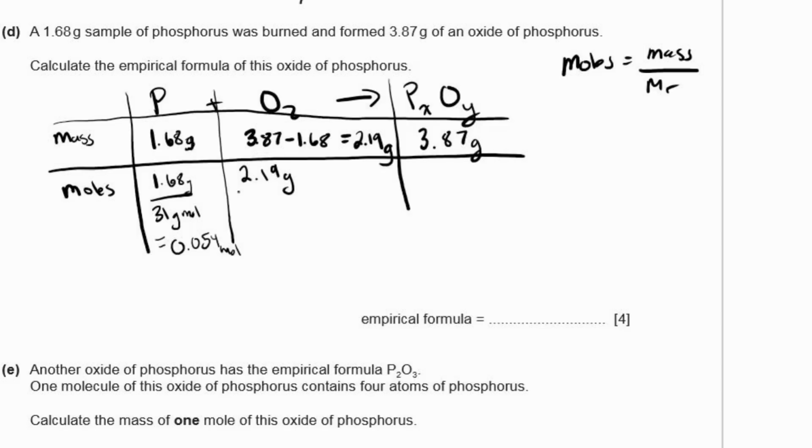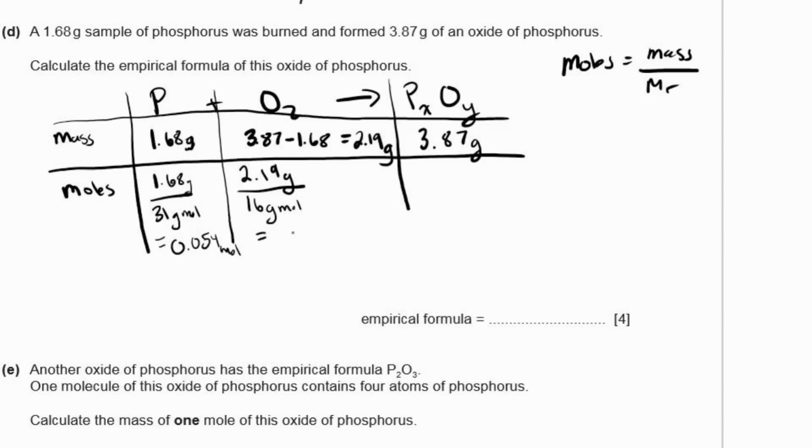Okay, now the number of moles of oxygen, we have 2.19 grams divided by 16 grams per mole, because we're not looking at the oxygen molecule here, we're actually looking at the oxygen atom, because over here we want to figure out how many oxygen atoms there are. Okay, so that's why we have it as 16. Okay, we want to know how many oxygen atoms there are in relation, not molecules.